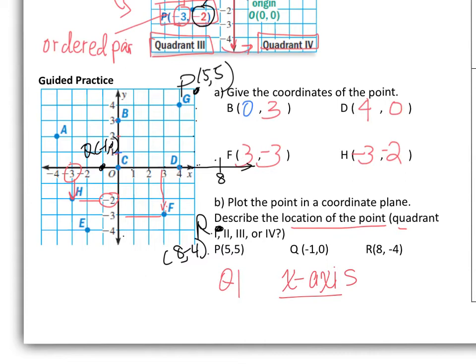And point R (8, -4) will be located in quadrant 4. So I can simply write Roman numeral IV. And say, if I ask you to name the location of point C (0, 0), you would write origin.